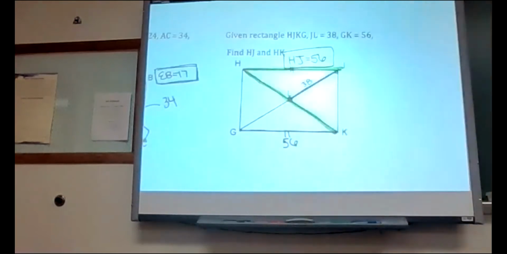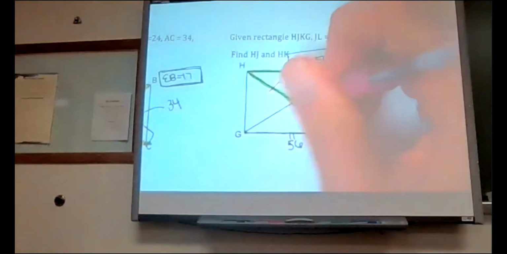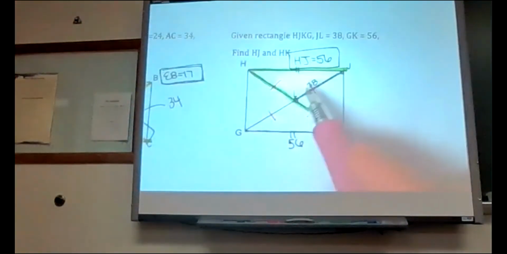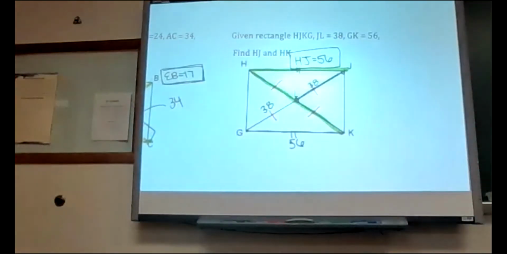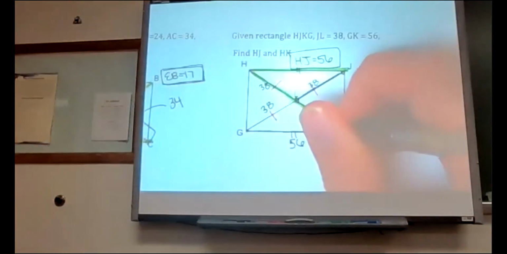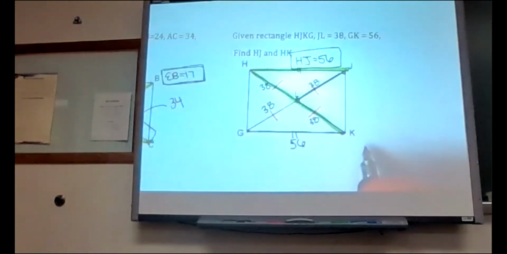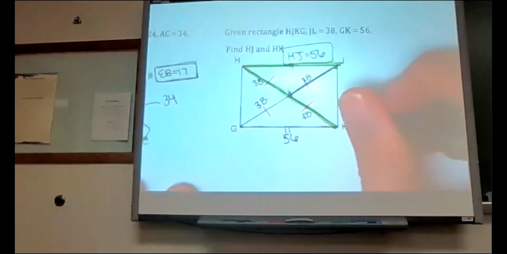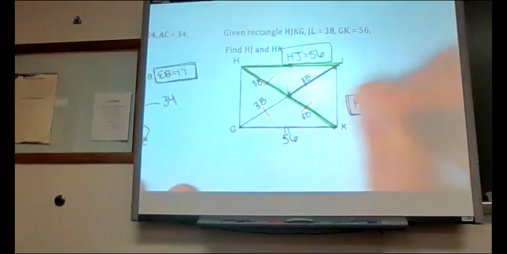Okay, opposite sides are congruent. The more challenging one is here, but again, we know, oh, it's a rectangle. So if this length is 38, then so is the other half of that diagonal, and my diagonals are congruent, so this would be 38, and this would be 38, which means that HK would be 76. 38 and 38 together, okay?